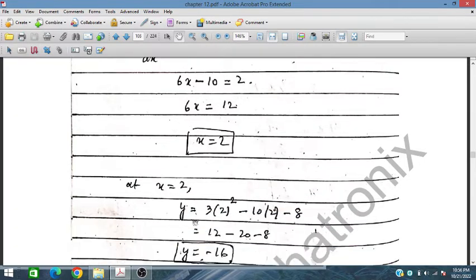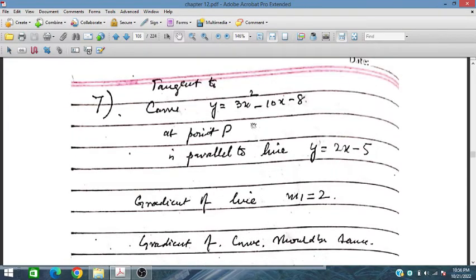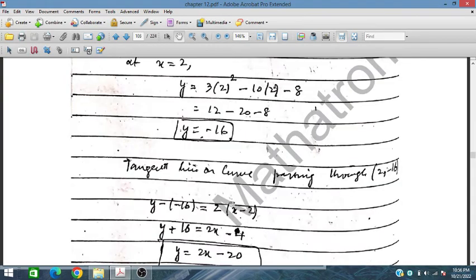At x is equal to 2, you place the value of x in the curve to get the value of y. This is the point through which the tangent line of the curve passes, which is (2, minus 16).